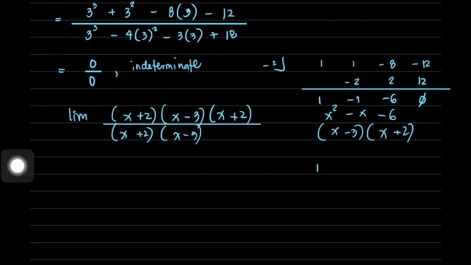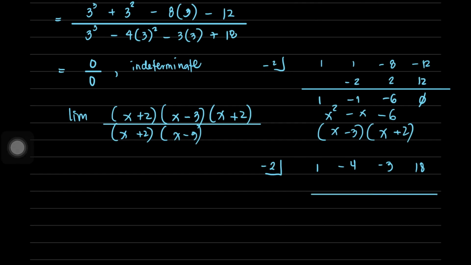We have 1, negative 4, negative 3, 18, the coefficients of the denominator. I'm going to use negative 2 as my root here, and dividing with synthetic division, we now have 1, negative 2, negative 6.